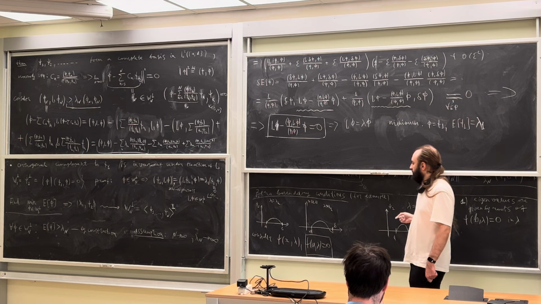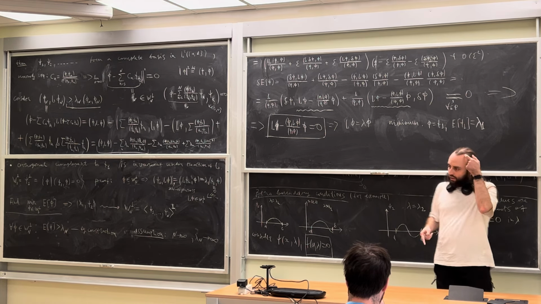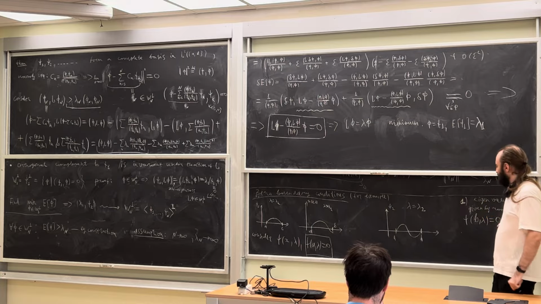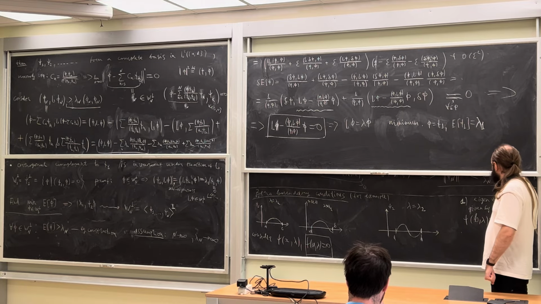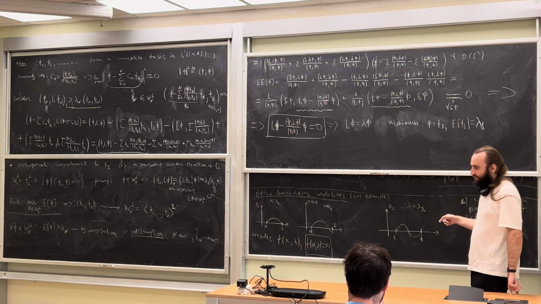Take the solution that vanishes on one boundary, you need to solve this equation for the other boundary. So that's the first general observation.